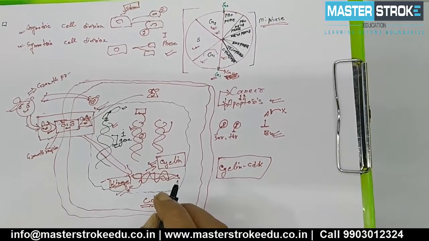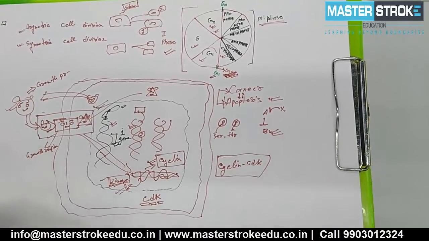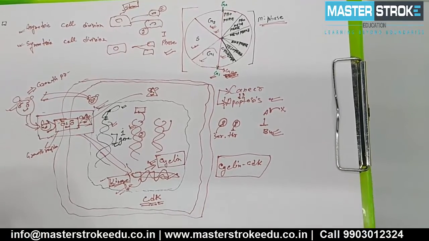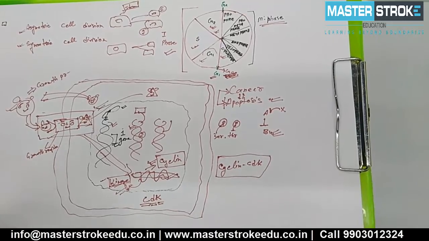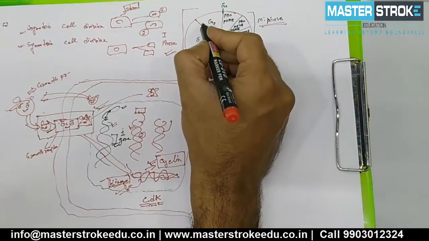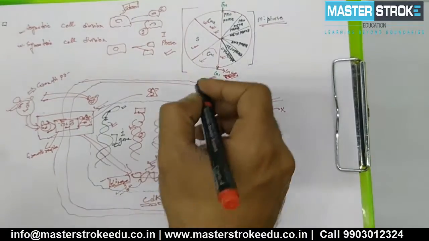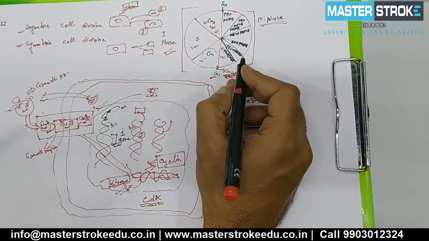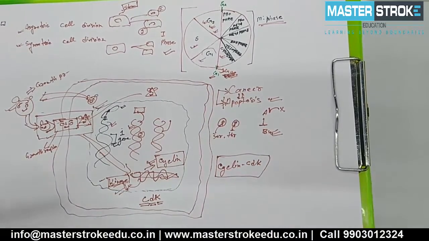That's why in our cancer lecture we will understand cancer is not developed by a single mutation. It is developed by many mutations in a cooperative way. Cancer may develop in the G2 phase if the G2 phase protein is inhibited. Cancer may develop in the G0 phase if the G0 phase protein is overexpressed.